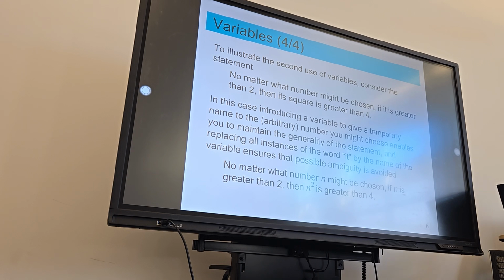If it is greater than 2, it's a little ambiguous, but this is true with integers as well as real numbers. If the real number is greater than 2, then the square of it is greater than 4. It's generally true no matter what value you put into it, assuming it satisfies the condition given.